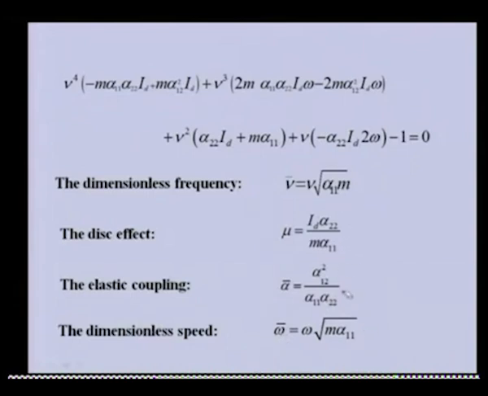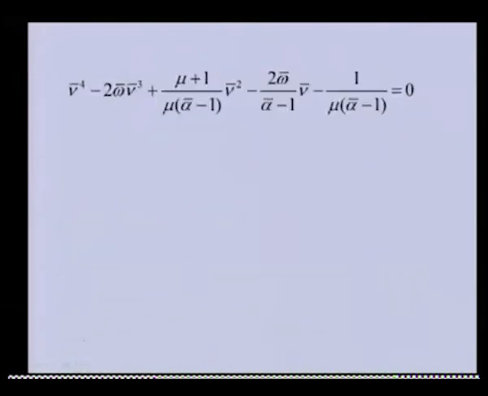If we use these dimensionless parameters, this frequency equation will become relatively simpler. Here, apart from ν̄, we have the spin or speed parameter, the coupling parameter ᾱ, and the disk parameter. So, we can solve this and get 4 roots, but let us take some special cases in which we can simplify these expressions.